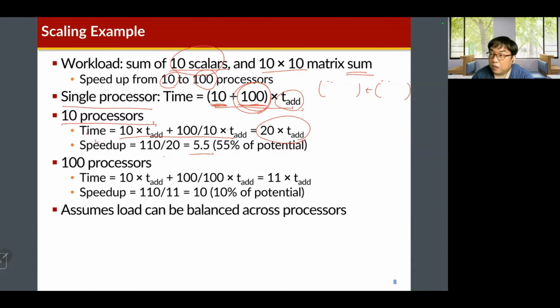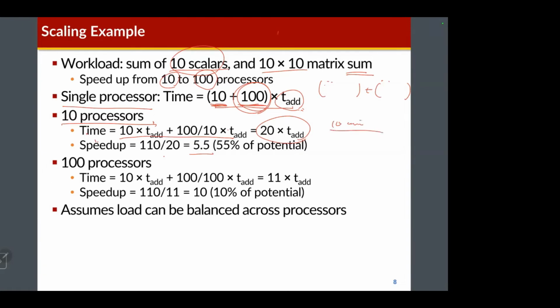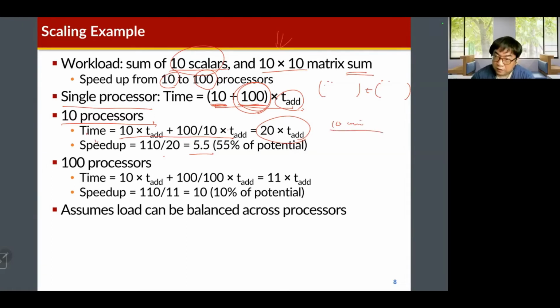Even though we invest 10 cores, for this workload the speed up is about 5.5. It's 55% of potential. Potential means that we assume that with 10 cores, we can get 10 times speed up. But actually, for this workload, this part cannot be parallelized, so the speed up is just 5.5.